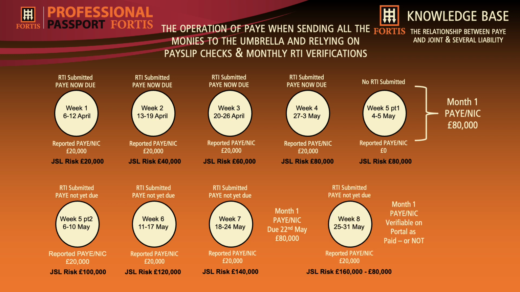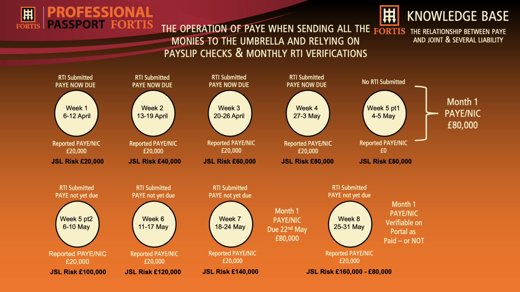Where PAYE is settled with HMRC, there's generally a delay between the payment being made and when this can be viewed and confirmed as paid on the HMRC portal for that provider. Typically this can be anywhere between 7 to 10 days, but it can be longer.